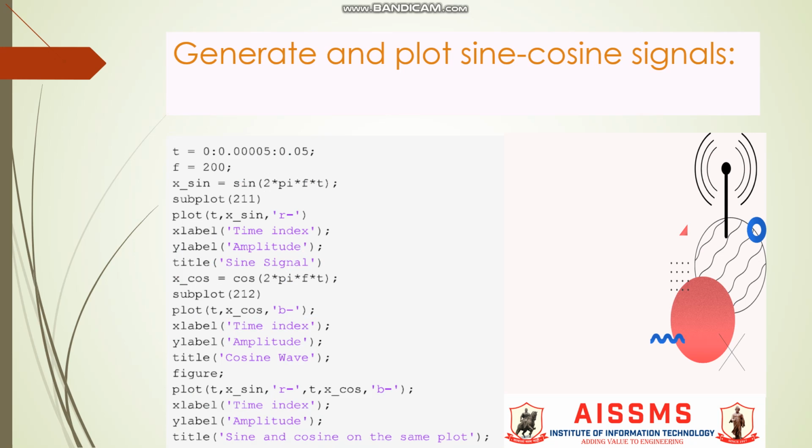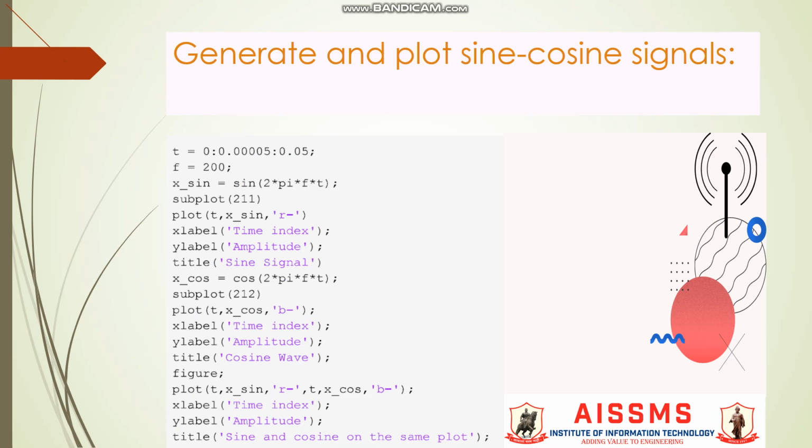Now in the next program, we will be comparing the sine and cosine waves and will show that cos signal has value 1 at t equal to 0 and sine signal has value 0 at t equal to 0. The new addition to this program is seen in lines 5, 11 and 16.